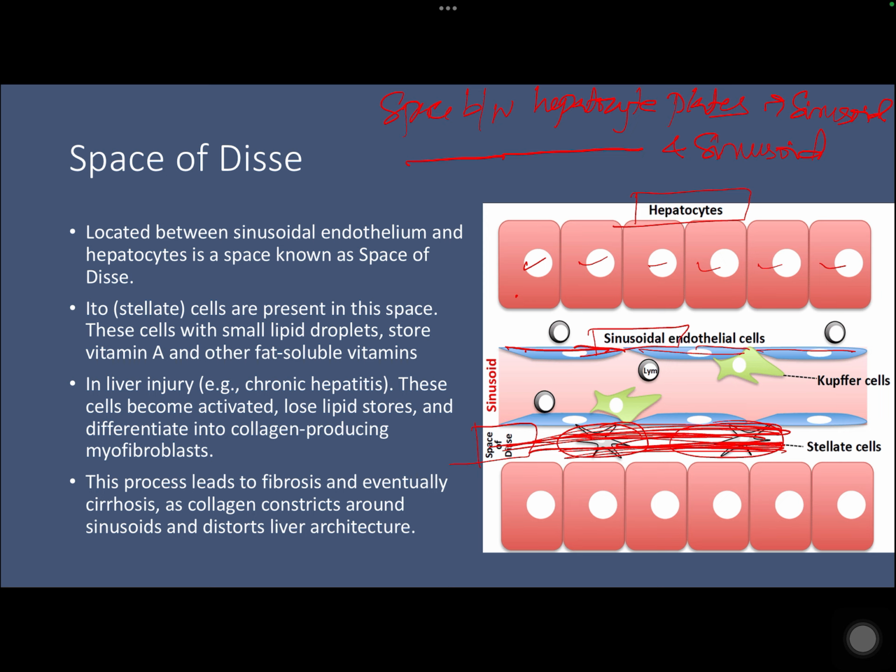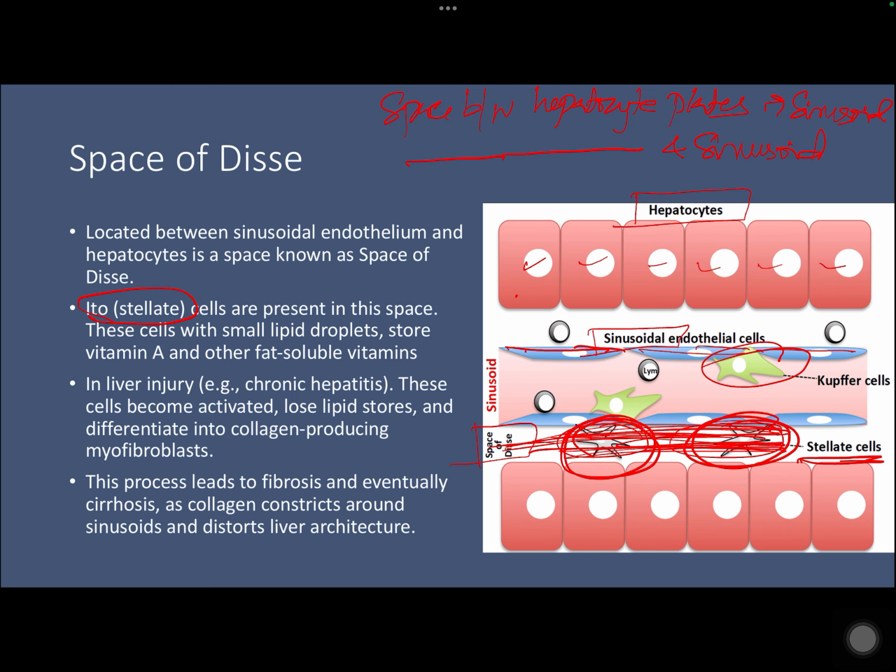This space is known as the space of Disse. As I mentioned earlier, in the hepatic sinusoid there are Kupffer cells. But in the space of Disse, there are specialized cells known as stellate cells or Ito cells. What is the function of these stellate or Ito cells?